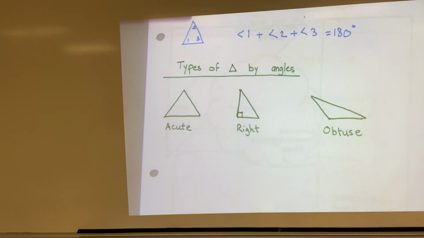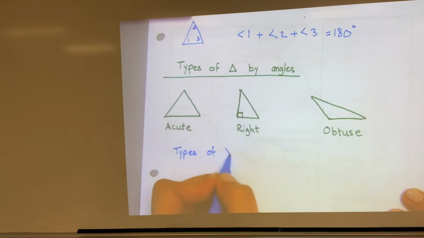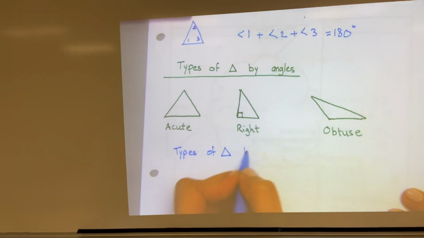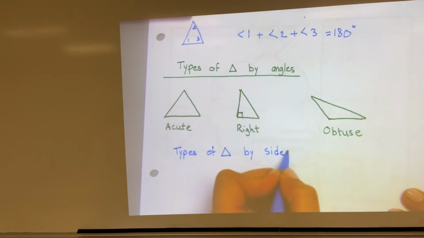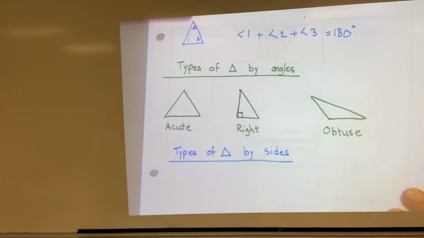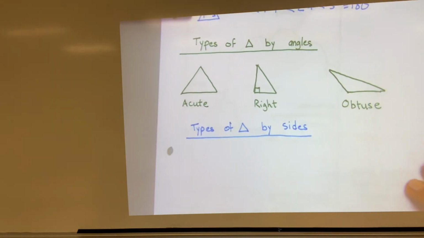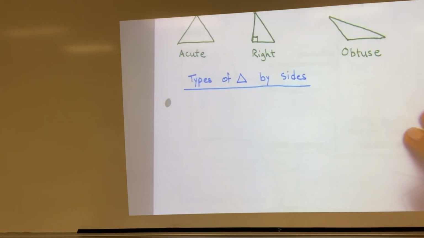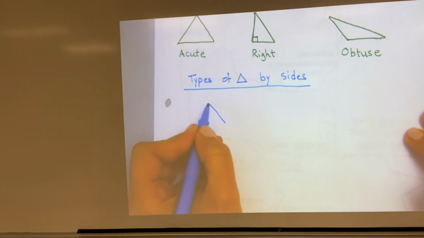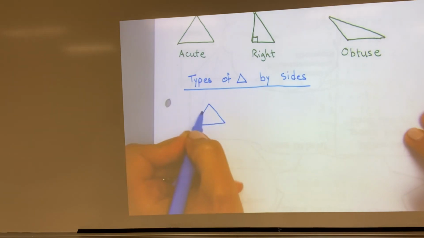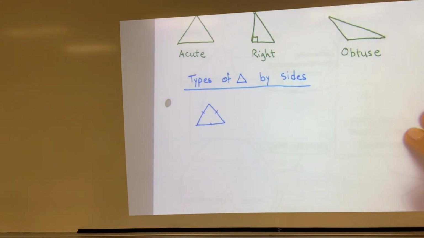Next, let's look at other types of triangles depending on the measure of their sides. Types of triangles by their sides. Again we have 3 types. First, when all sides are of the same measure, all sides measure the same length, this is called an equilateral triangle.